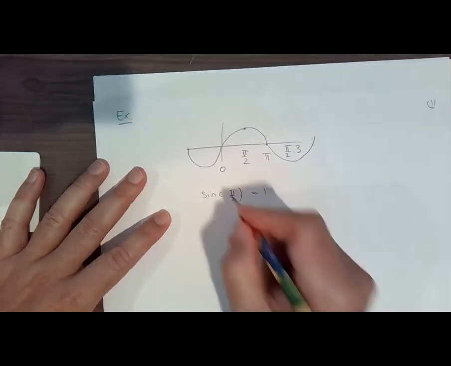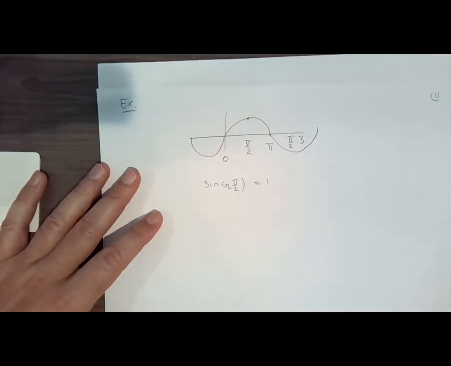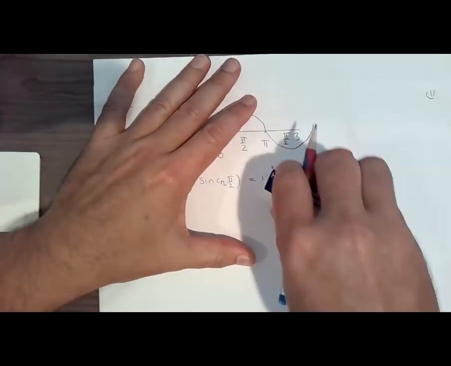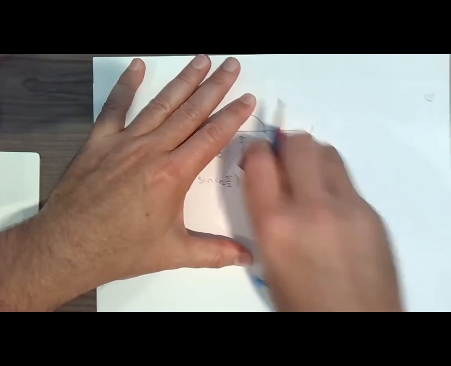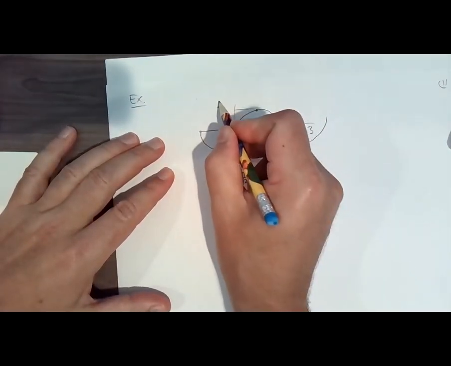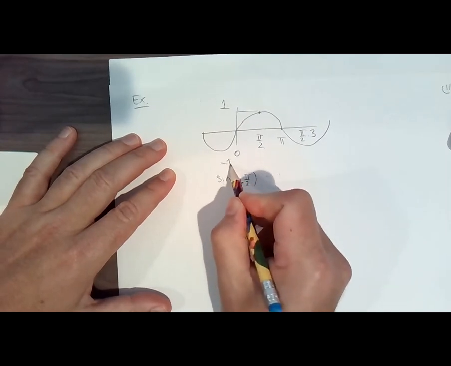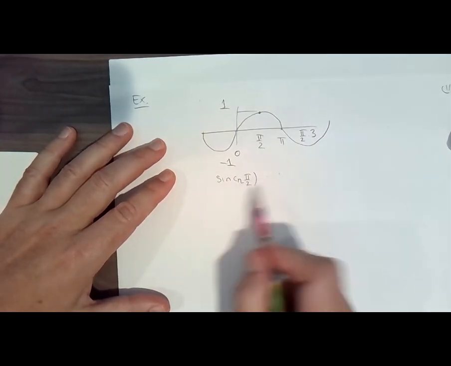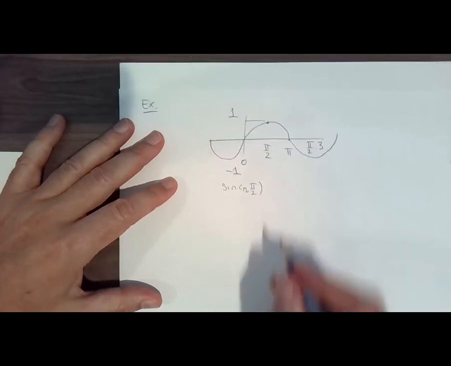Is that right? So if I put something like sine of n times pi over 2, this will oscillate between 1 and minus 1. So this thing in my world diverges.